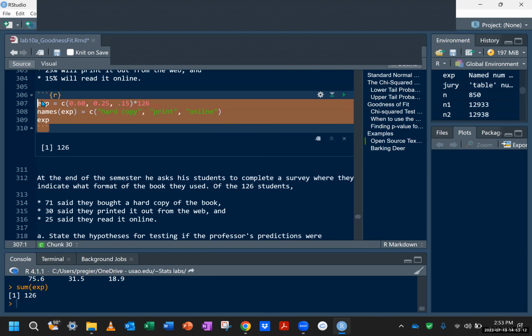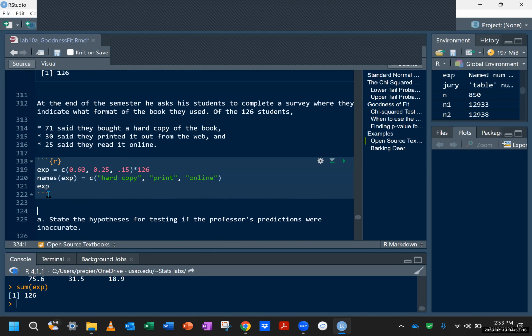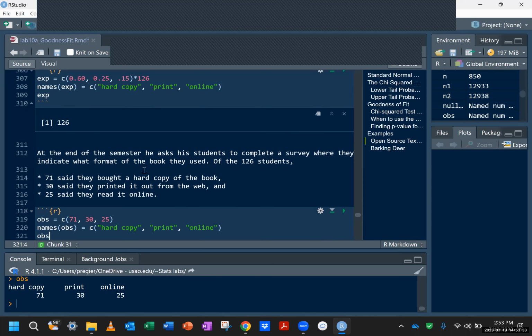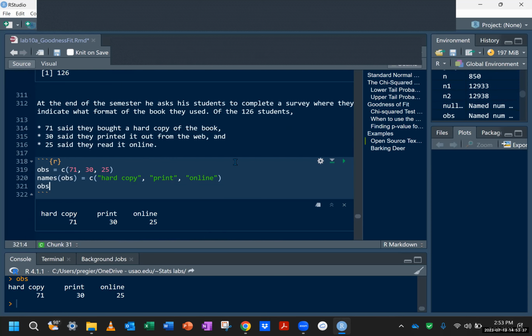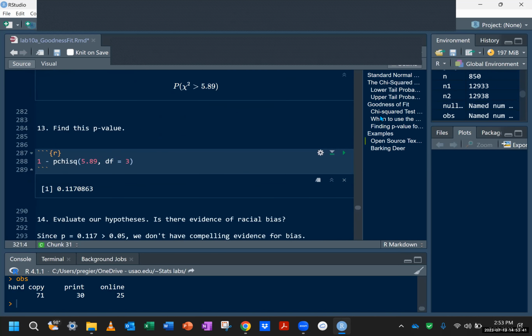I'm just going to use that same bit of code for observed, because for observed, the numbers are just given: 71, 30, 25. So there are my numbers for observed and expected. We have to set these up so that they're actual counts when we use our chi-squared statistic.